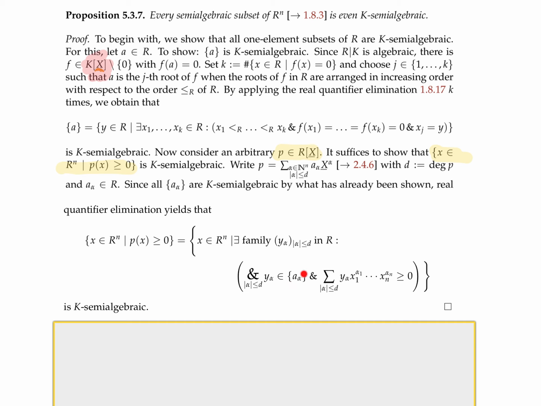And since this is k-semialgebraic, I'm allowed to write this here. Effectively, I write y alpha equals a alpha.